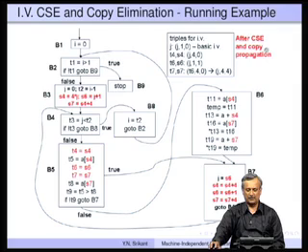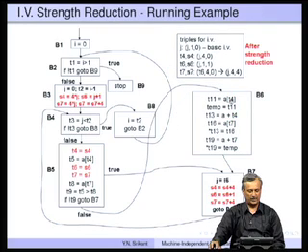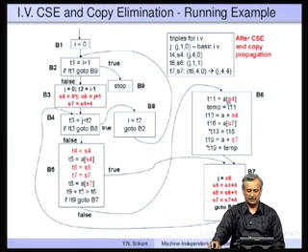Now, after common subexpression elimination and copy propagation, for example, all this T4 etcetera becomes S4. Okay. So, these are the copy propagations that have taken place. So, A of S4, A plus S4, A of S7, A plus S7 etcetera.